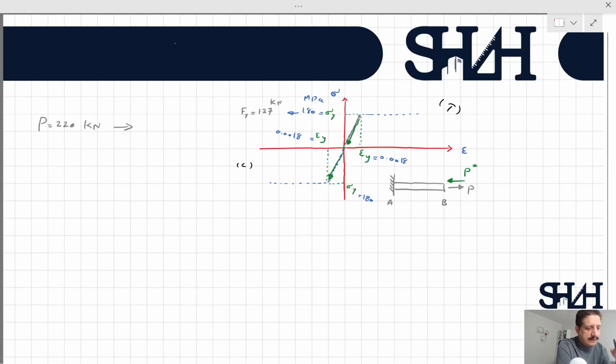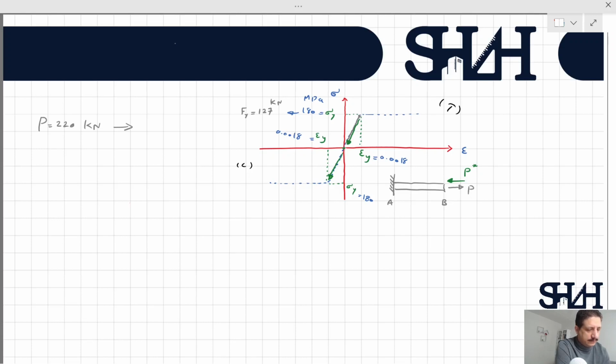So it means that if P is slightly less than 127 kilonewton and you load it, then you have twice of this 127 kilonewton that the material is behaving elastic. 127 kilonewton coming back to its original length or original point, and then 127 kilonewton more to become plastic in the opposite direction.